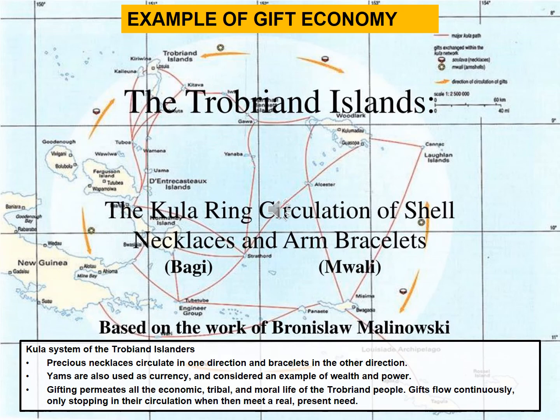So yams, the food, the tuber, are considered a currency and an example of wealth and power, and giving those away increases their own wealth and power. So gifting permeates all of the economic, tribal, and moral life of the Trobriand people. And the gifts flow continuously, only stopping in their circulation when someone actually needs to eat a yam or have that status or wealth for a little while.